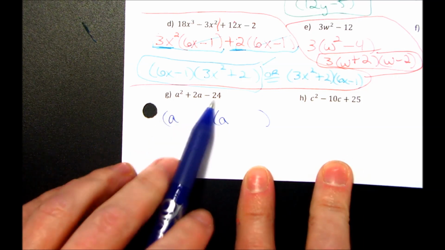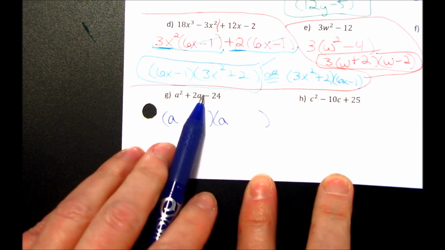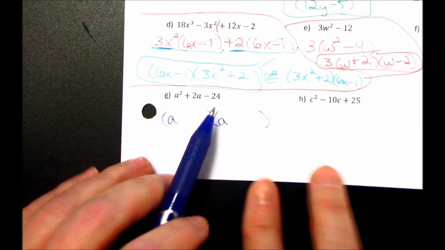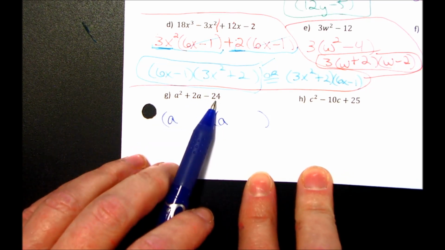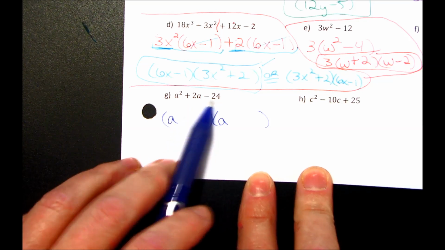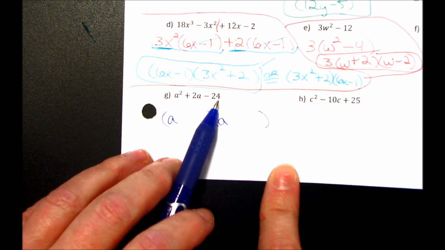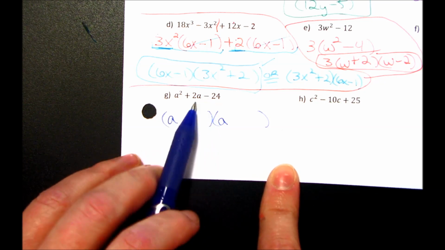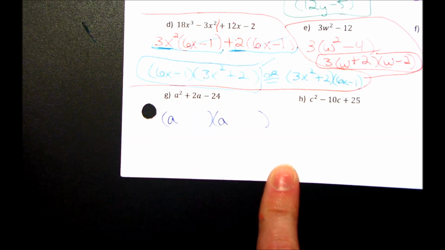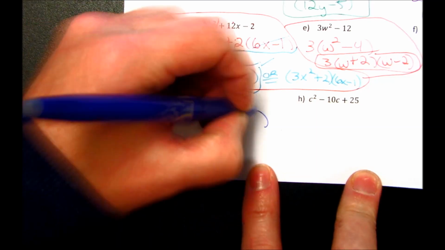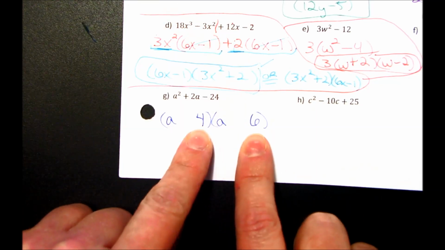So when we're factoring, I like to add, if there's a negative here, instead of saying what 2 numbers multiply together to equal 24 and add up to 2, because this is negative, I think in my head, 2 numbers that multiply together to equal 24 that subtract or have a difference of 2. So that makes it easier for me to think of my 2 numbers, 4 and 6.